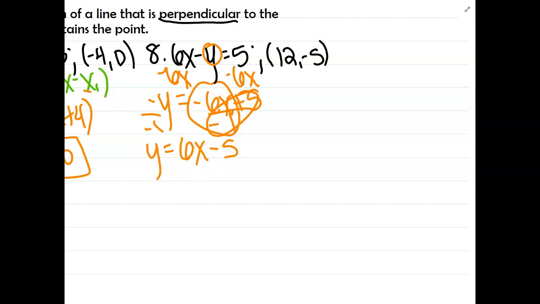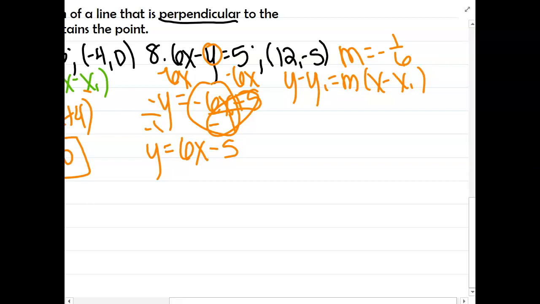So the slope of this line is 6. My line needs to be the opposite reciprocal. What would the slope of my line be? Negative, and then flip it, 1/6. So we're still using point slope form, y minus y1 equals m times x minus x1.